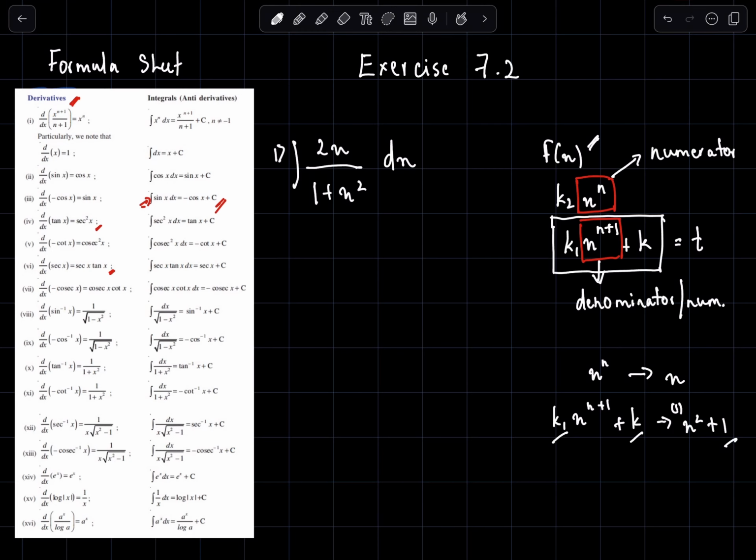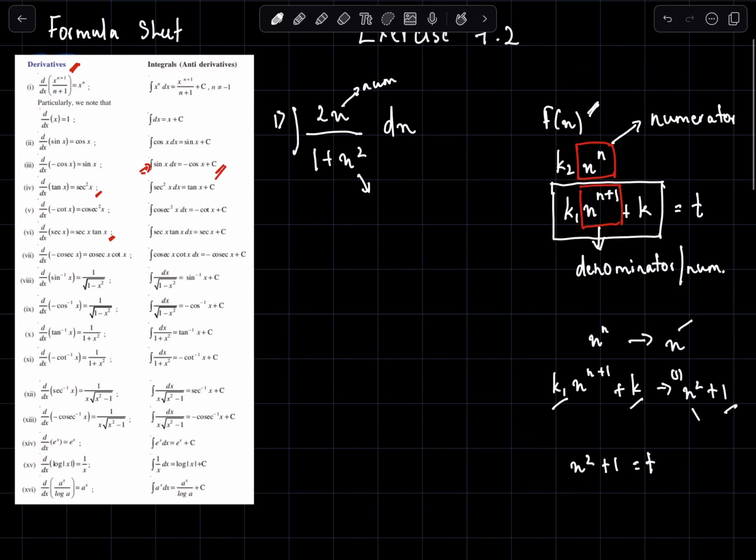Simple, right? Now, is this in the numerator? Yep, look at the question. It is in the numerator. Is this in the numerator or denominator? Yes, it is in the denominator. So therefore, all I have to do is write x squared plus 1 is equal to t, and then differentiate on both sides.